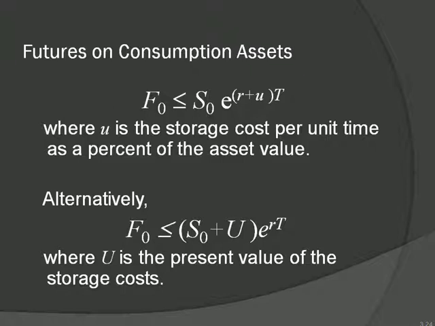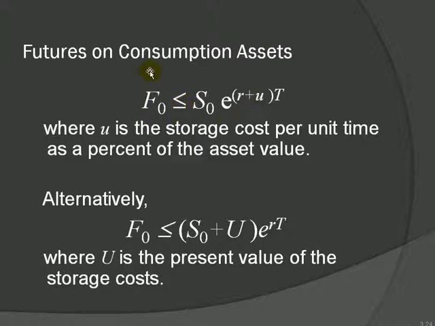If the underlying assets are investment assets, then equality holds. In other words, the arbitrage argument holds. But in the case of a consumption asset, equality may not hold. So we end up having this inequality.